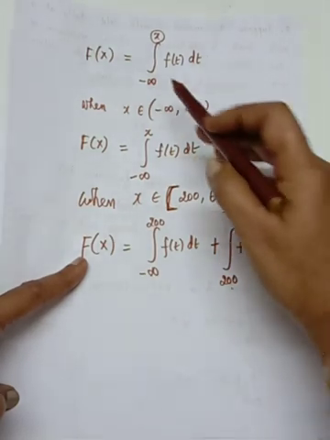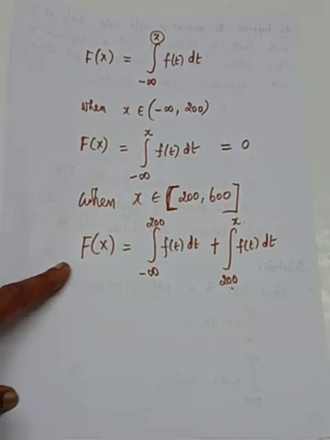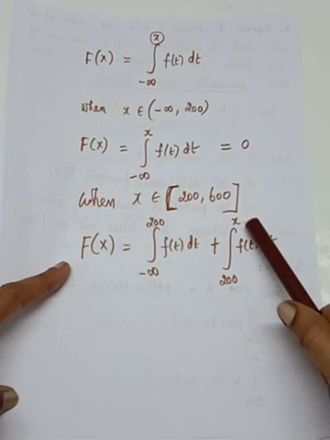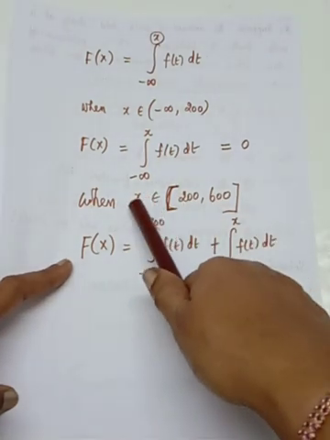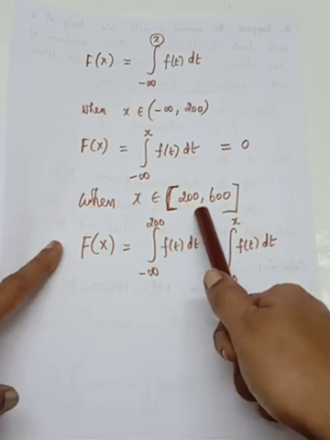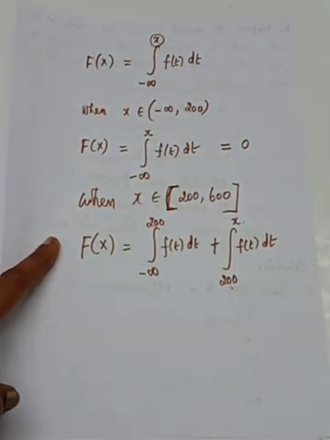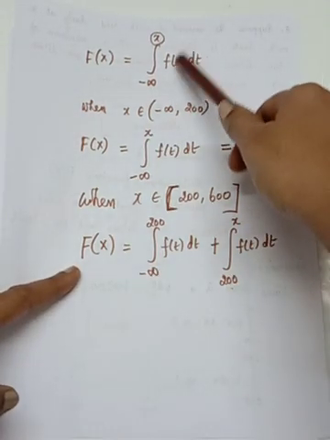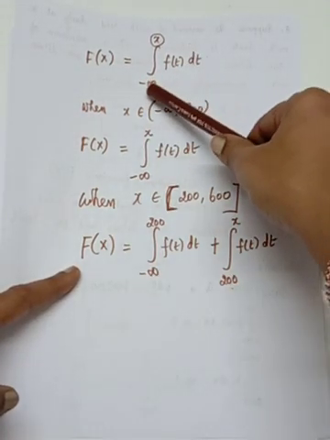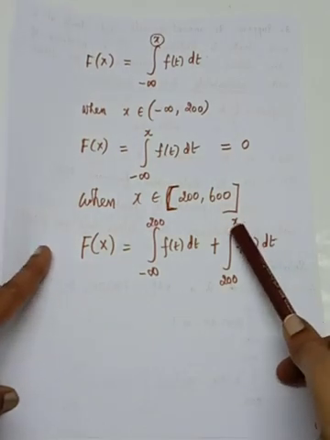Okay, see that I covered the limit minus infinity to x. If x is a single number, 600 means here you can write 600 very well. But x is in the closed interval. It takes infinitely many values. So therefore 200 to x we have to write. So then only according to the formula we will start from minus infinity and we completed on x.